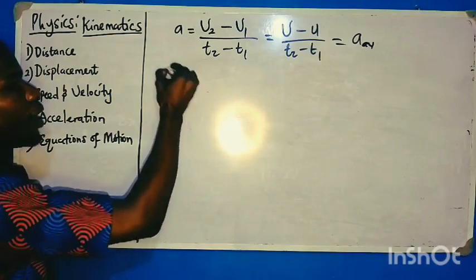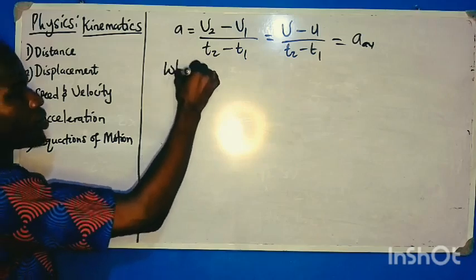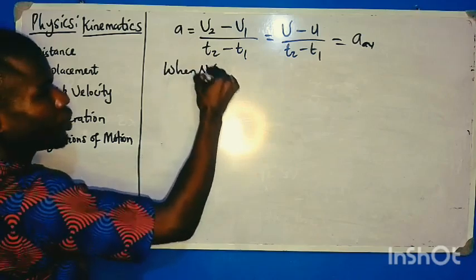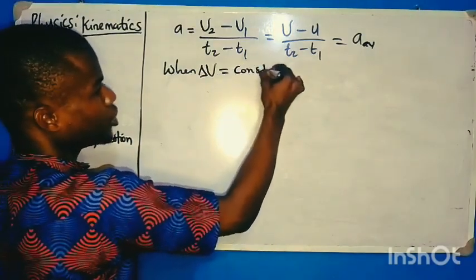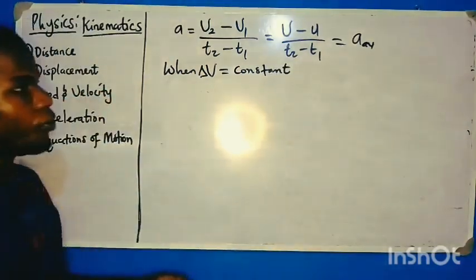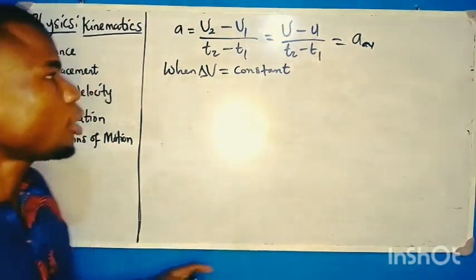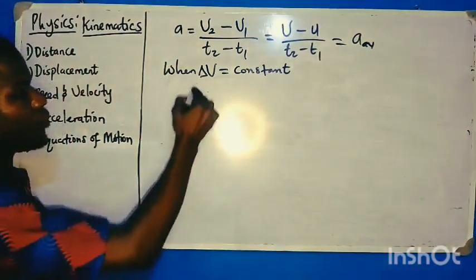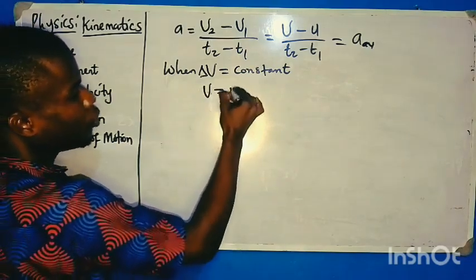Now, when our velocity is constant, the change in velocity is equal to a constant; that's to say, for a period of time the velocity remains the same. What is going to be the acceleration? Let's say v is equal to u.